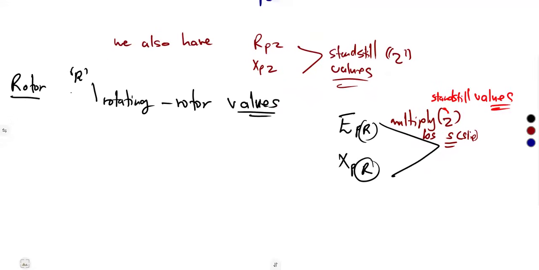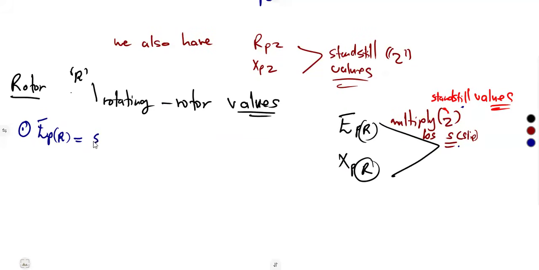So e.g., let's consider for an example, this one. As we have our induced EMF per phase, our induced EMF per phase for the rotating values will be given as, remember we said standstill value times slip.